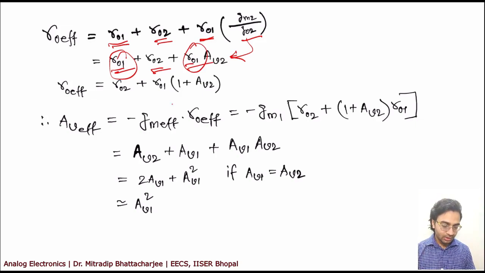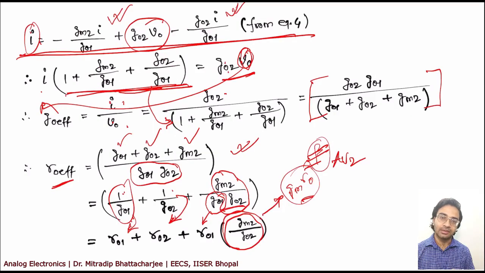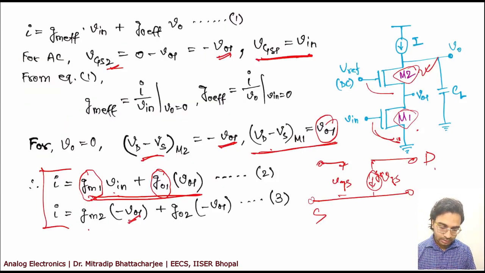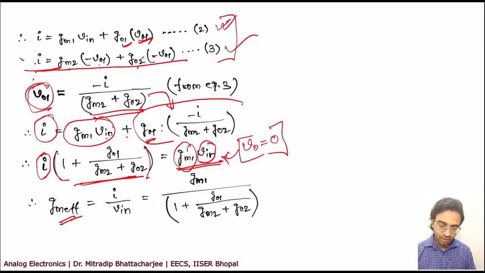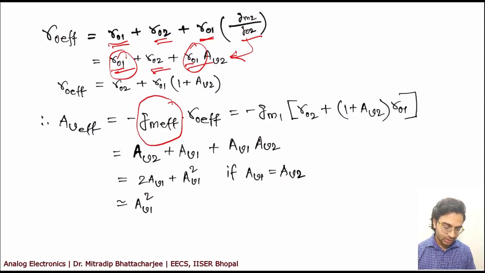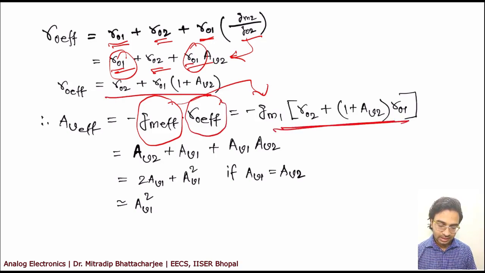Now put your Gm effective. I already have calculated Gm effective is equal to Gm1, the Gm of your M1. What is M1? This is your M1. So you got your Gm effective previously, just replace it Gm1, and RO effective is here, right?